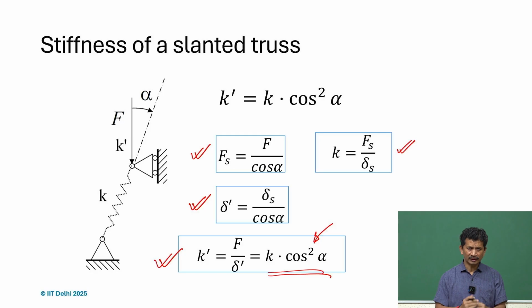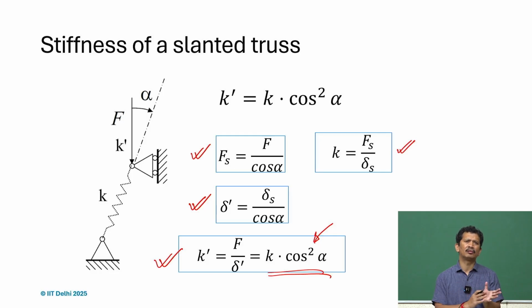Another approach, when things get complicated with too many connections, is to use energy methods, and many times it is very convenient and a very simple principle. Half k x square is the potential energy stored, and work done is accordingly half f delta. Or if you are talking in terms of equivalent stiffnesses, that will be half k prime delta prime square.